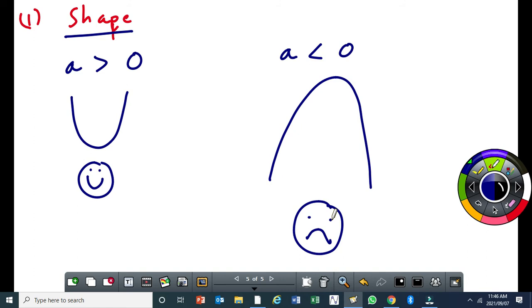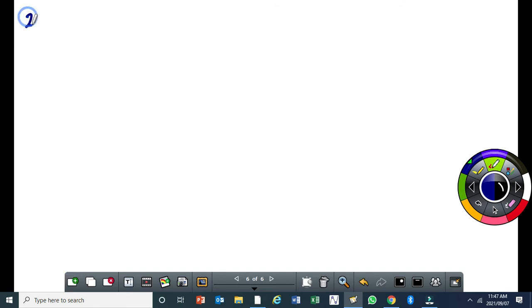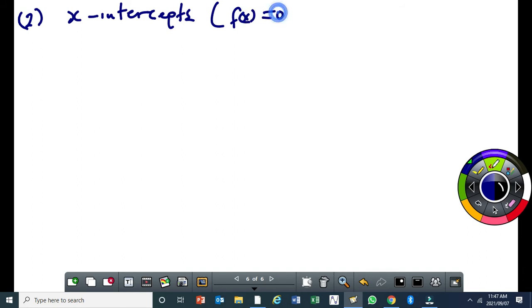So with the shape, let's move on to the x-intercept. So number 2, x-intercept. Remember, you get your x-intercept if f of x is equal to 0. So you substitute y or f of x to 0.